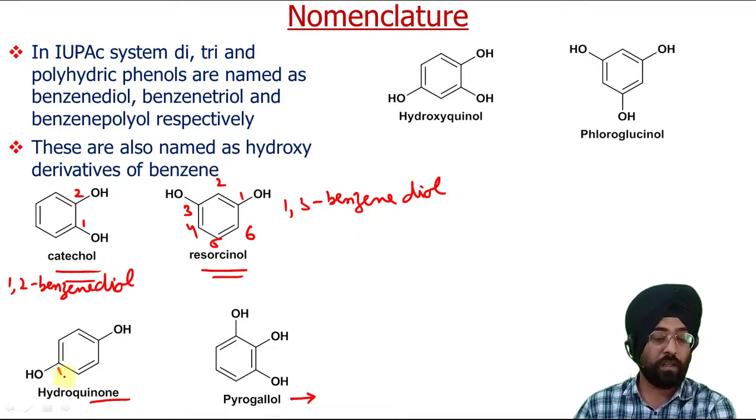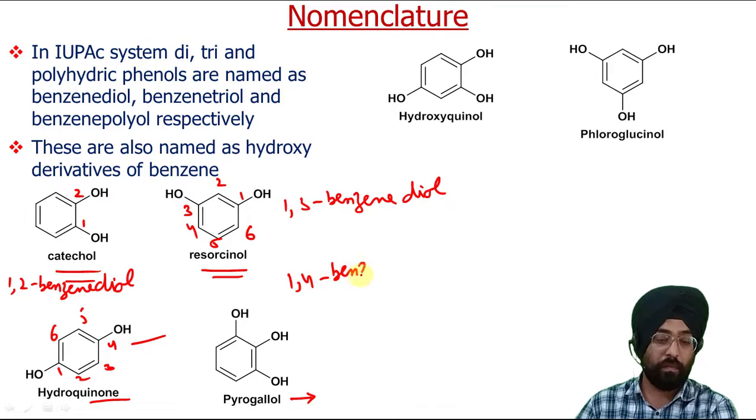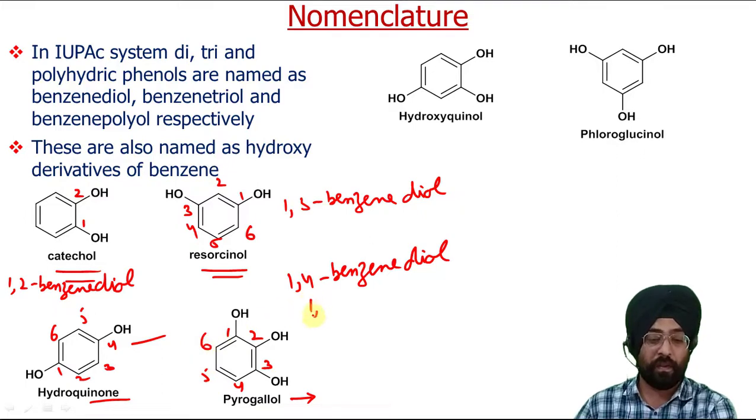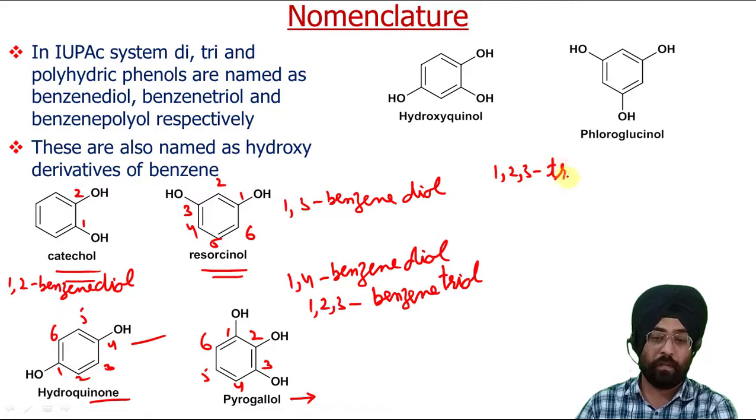So it is 1, 2, 3, 4, 5, 6, 1,4-dihydroxy. It is 1,4-benzenediol or 1,4-dihydroxybenzene. Then 1, 2, 3, 4, 5, 6, so it is 1, 2, 3-benzenetriol, or we can also call it 1, 2, 3-trihydroxybenzene.